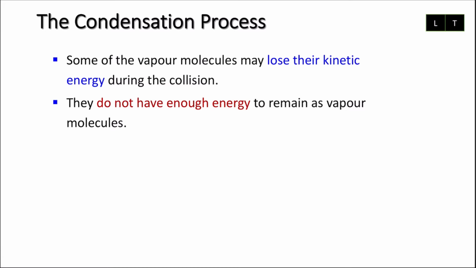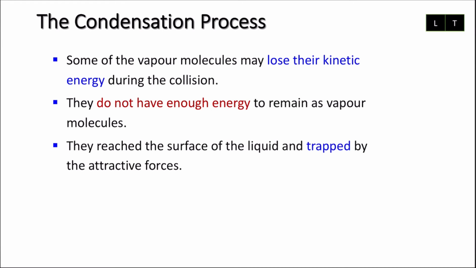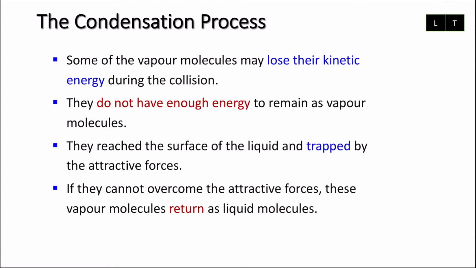Dah lah tak boleh escape. Berlanggar banyak kali tapi dah tak cukup energy. What happen? Dia akan reach back to the surface of the liquid and trapped by the attractive forces. Dan sekiranya dia tidak boleh overcome the attractive forces, vapor molecules ni akan return back as liquid molecules. Dan proses inilah yang kita panggil sebagai condensation.